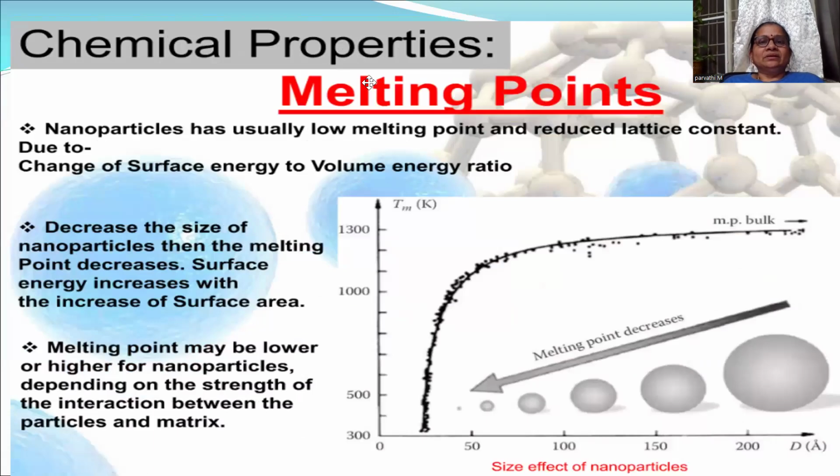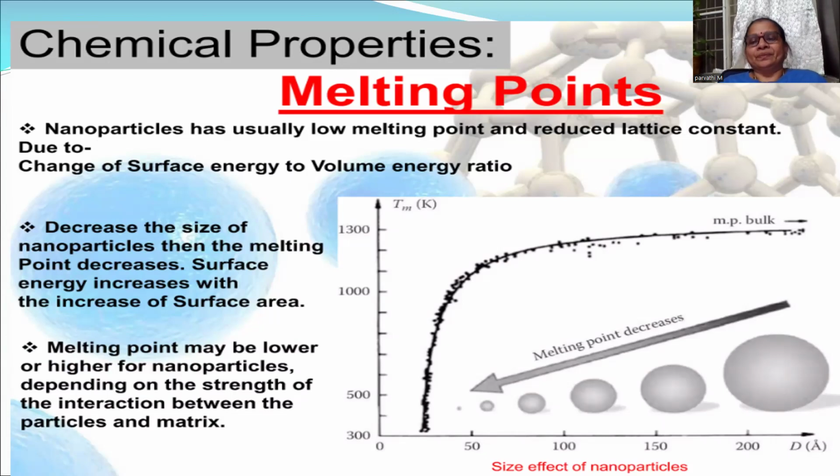Now let us see melting point, under chemical properties. Nanoparticles usually have low melting points and reduced lattice constants because they are very tiny.